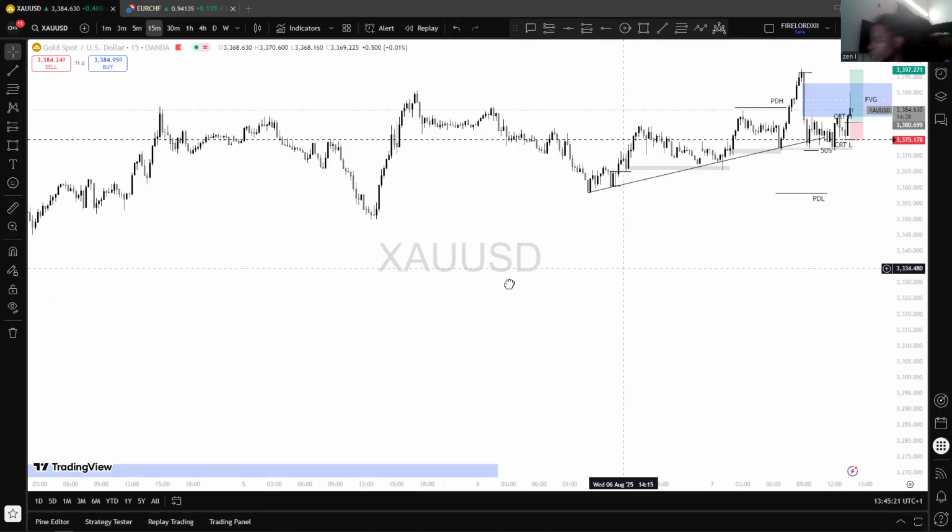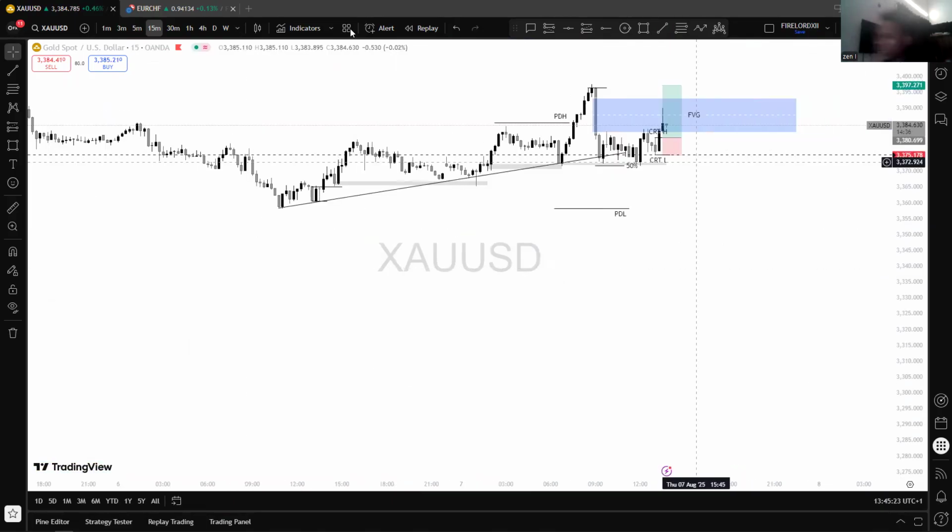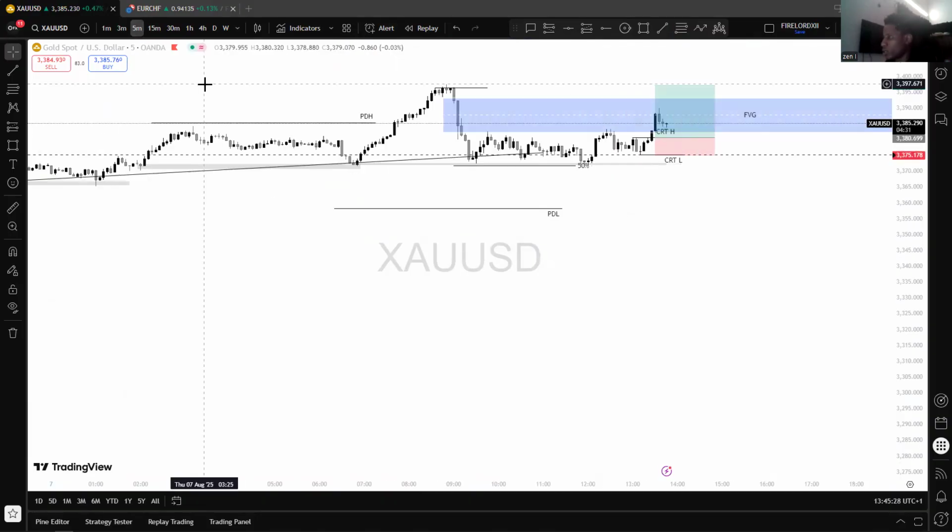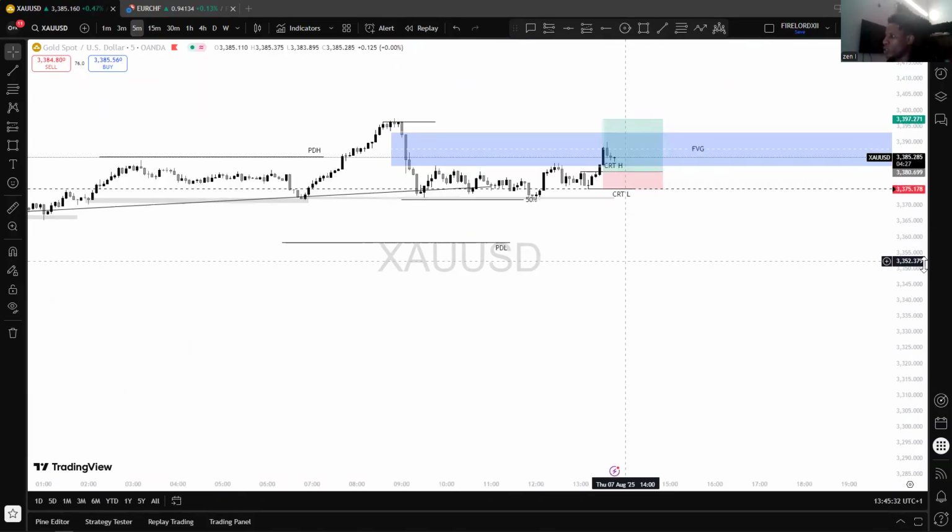Let's just take a look at our BBDOL. Maybe we should set a price alert, just in case.